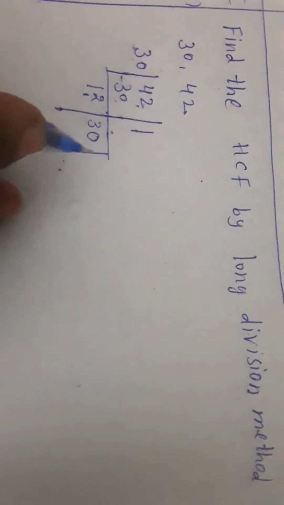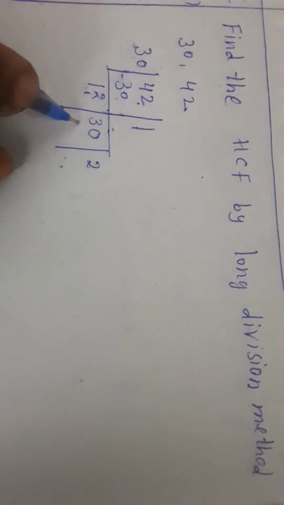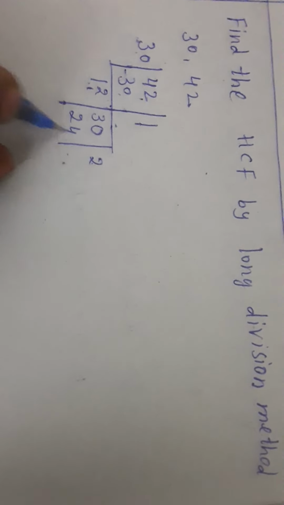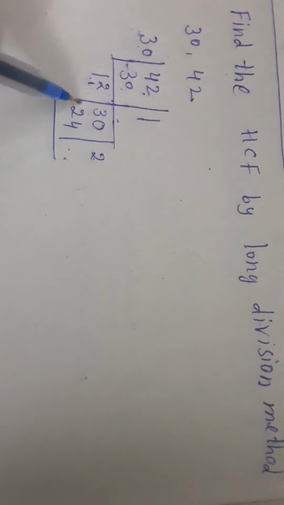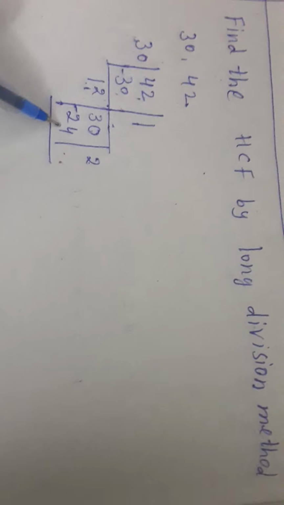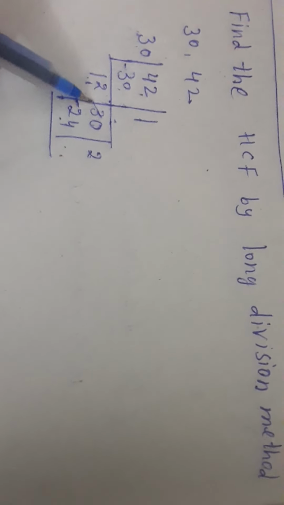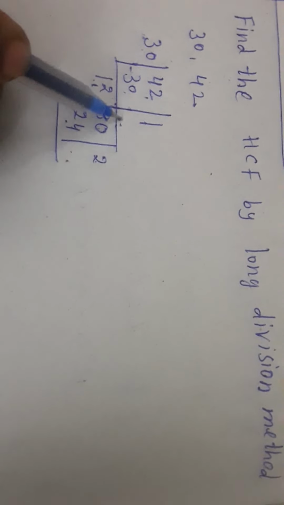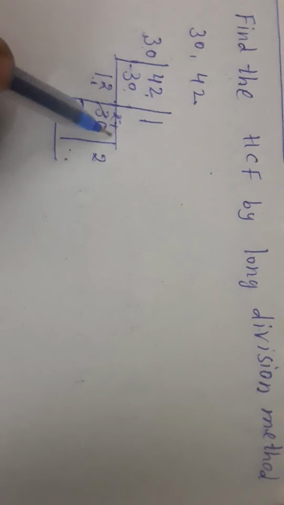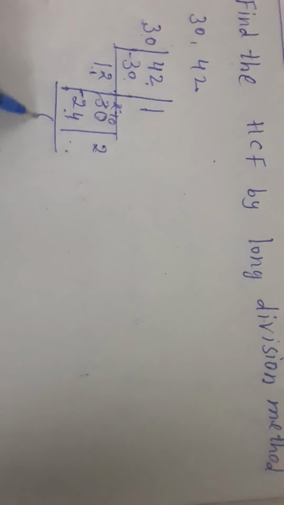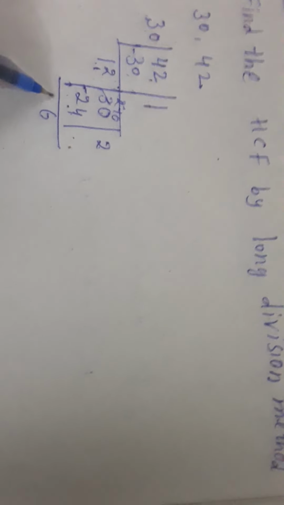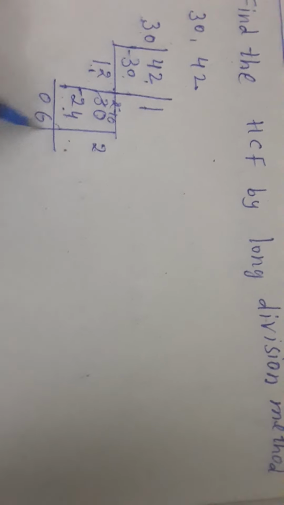Take 2 times 12. 2 12s are 24. 30 minus 24. You cannot subtract 4 from 0, so borrow 1 from 3. This 3 will become 2 and this 0 will become 10. 10 minus 4 is 6. 2 minus 2 is 0.